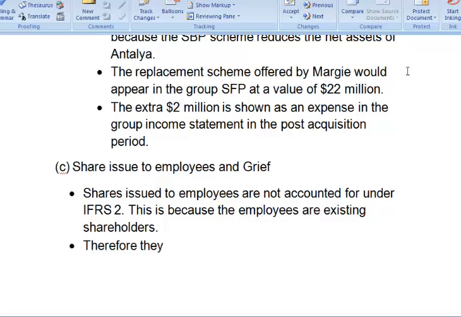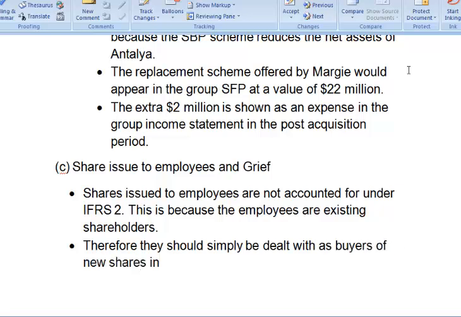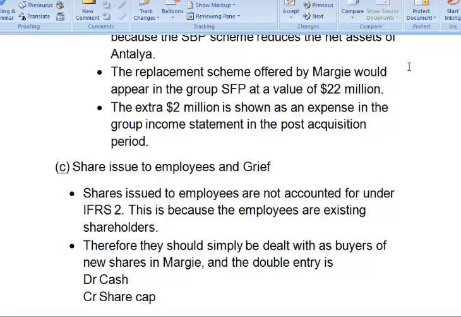Therefore, they should simply be dealt with as buyers of new shares in Margie and the double entry is debit cash, credit share capital, stroke share premium.